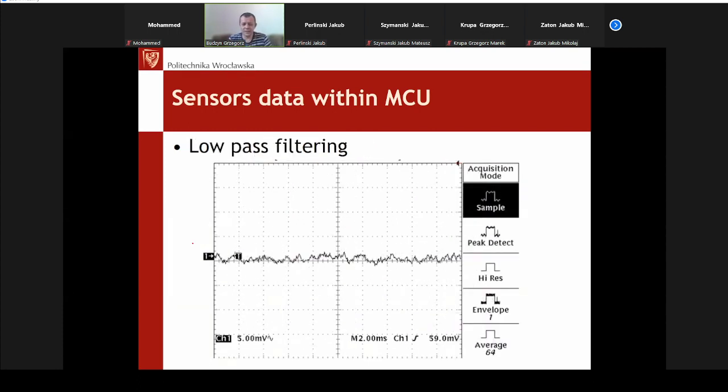Then doing low pass filtering, we get similar amplitude of the noise, but at lower bandwidth. So as we can see, different frequency characteristics of the noise. Better or worse, it's really tough to say.